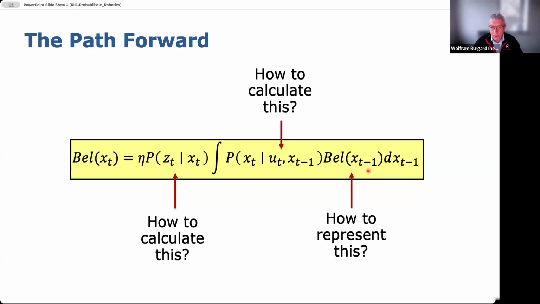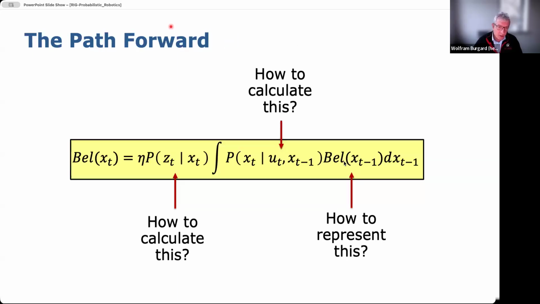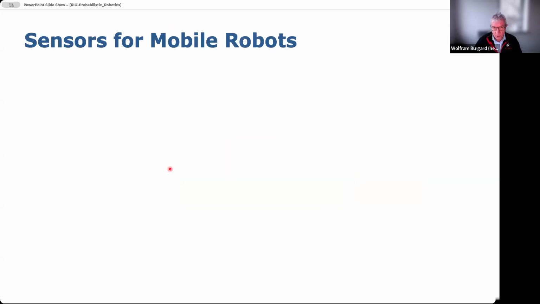We spoke a little bit about this when talking about the Kalman filter, and this would be just the Gaussian. But as we have seen before, the world is not always Gaussian, at least not when it comes to global localization. So in order to talk about the sensor model, we particularly need to also talk about what sensors will be used throughout this process.